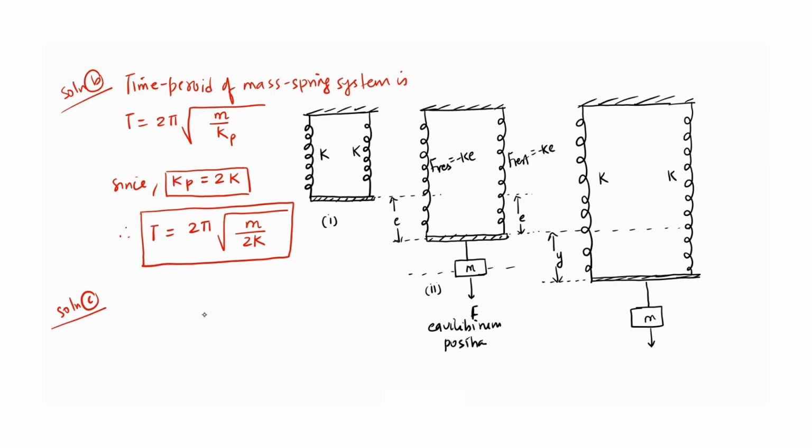Now what we find is that the mass spring system undergoes simple harmonic motion. So for simple harmonic motion, we find acceleration A equals minus omega square y. Y is the displacement from the mean position. So this is the equilibrium position, or the mean position.